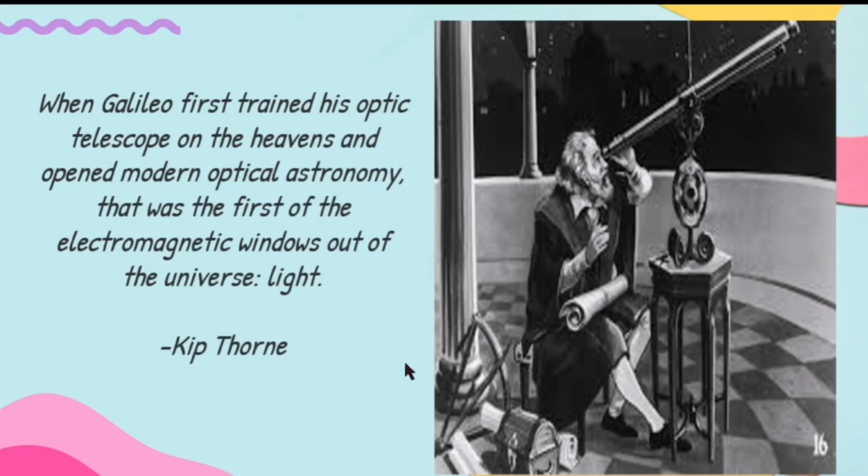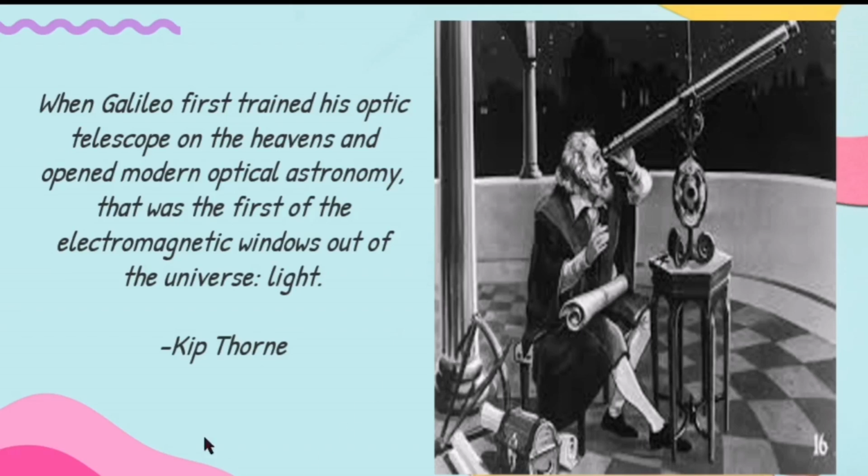Now, to end this session, to end this video, we have here a statement from Kip Thorne. Sabi niya, when Galileo first trained his optic telescope on the heavens and opened modern optical astronomy, that was the first of the electromagnetic windows out of the universe, which is light. Okay, remember?